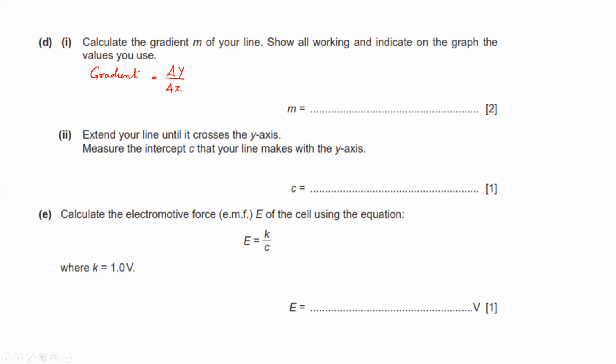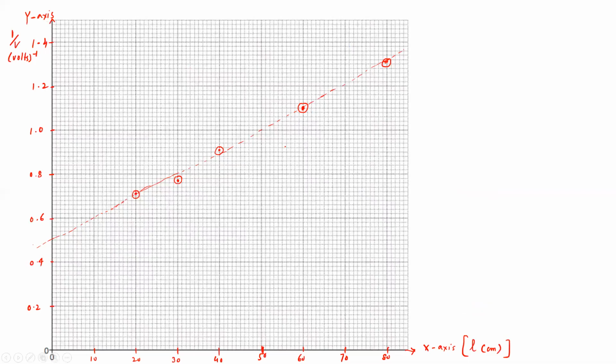Okay, so when you have drawn this line, make sure you first of all give 2 points on the line and you use those 2 points to find your value. So let's see what points we can use.